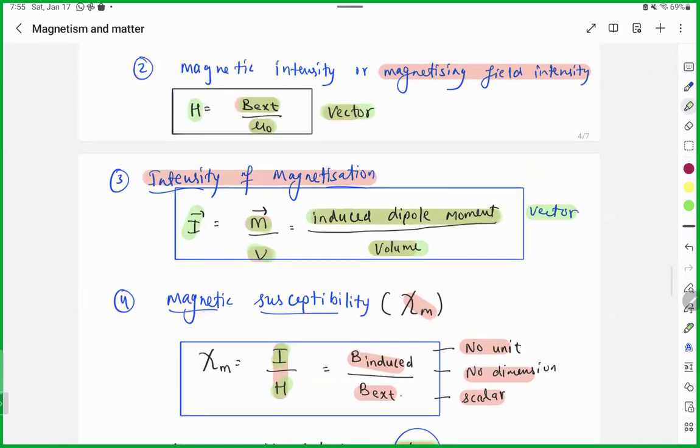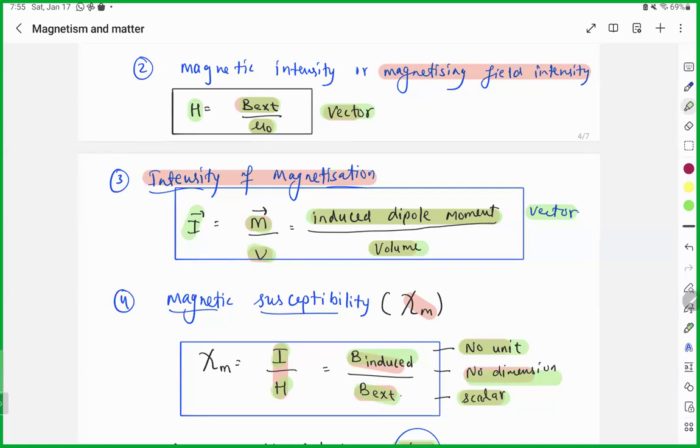Here you have induced, here you have external. Why? Because it is a comparison of two same values. That's why no unit, no dimension, scalar quantity. It is the ratio of I by H. Got it? I by H.